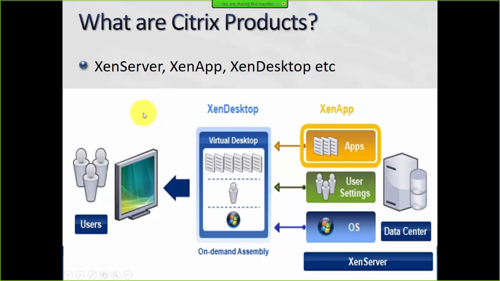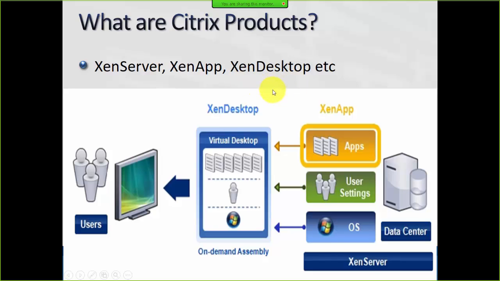Microsoft has a hypervisor called Hyper-V, VMware has a hypervisor called ESXi, and Citrix has a hypervisor called XenServer. We're going to go into detail on these products. XenApp is all about application virtualization. I'm going to be saying that name a lot, of course. What is application virtualization? We'll get to that in later slides.